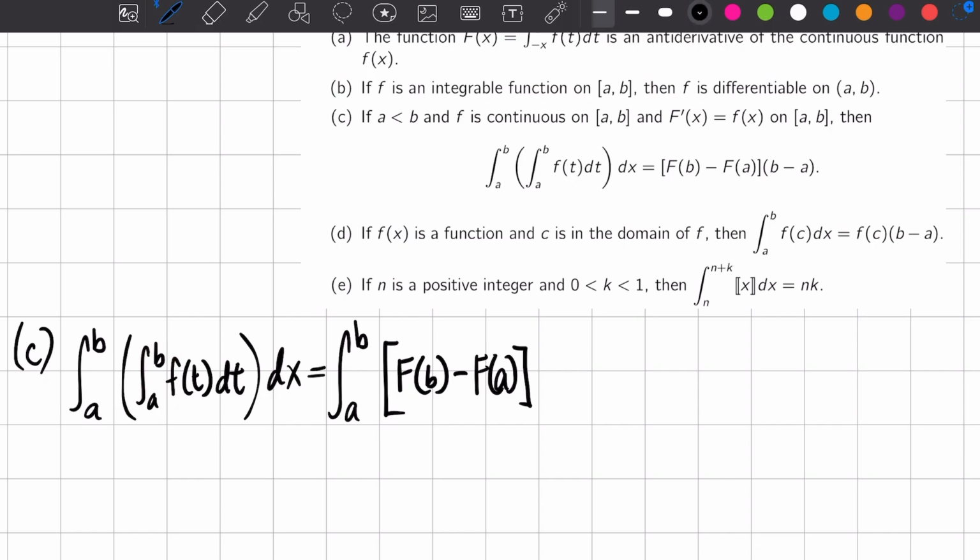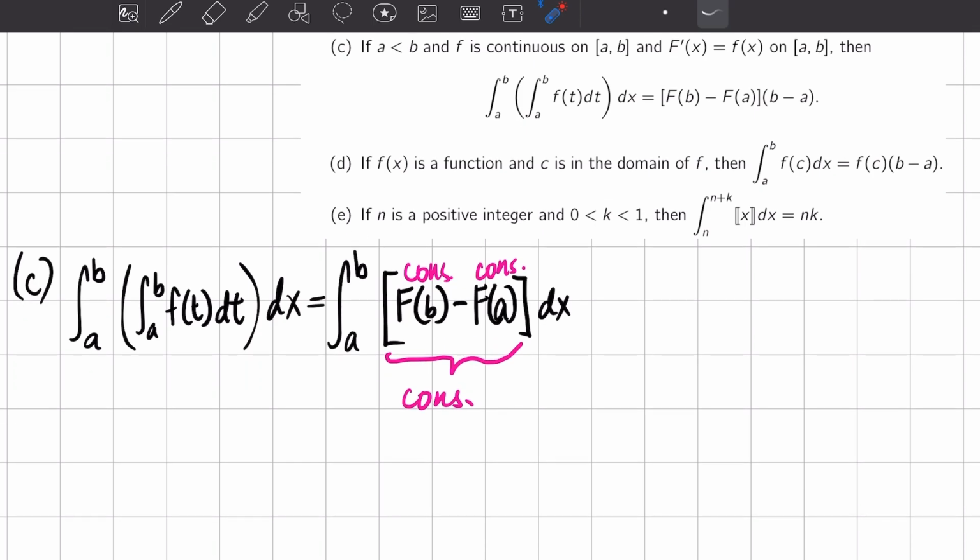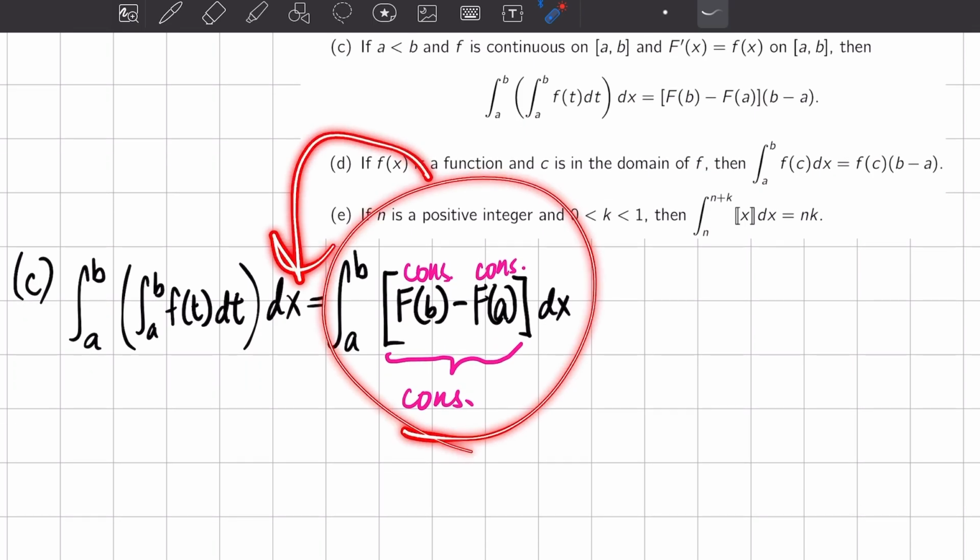And we have to integrate this one with respect to x. Take note, however, that this one right here is already a constant. This one here is also a constant. So this entire thing is a constant, and since it's a constant, we can bring this outside.